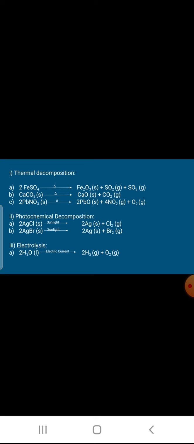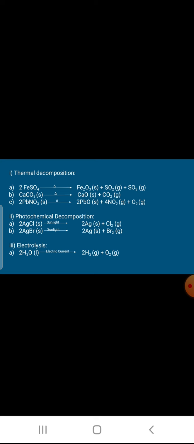Here, first example is when silver chloride is kept in the presence of sunlight, it will decompose to give silver in solid form with the evolution of chlorine gas. In the same way, in the presence of sunlight, silver bromide decomposes to give silver in solid form and Br2 in gaseous form.